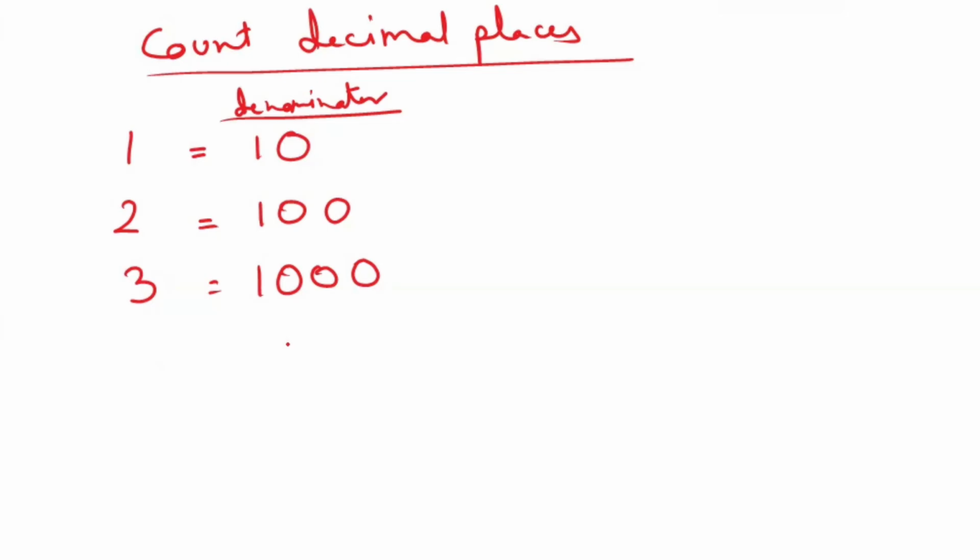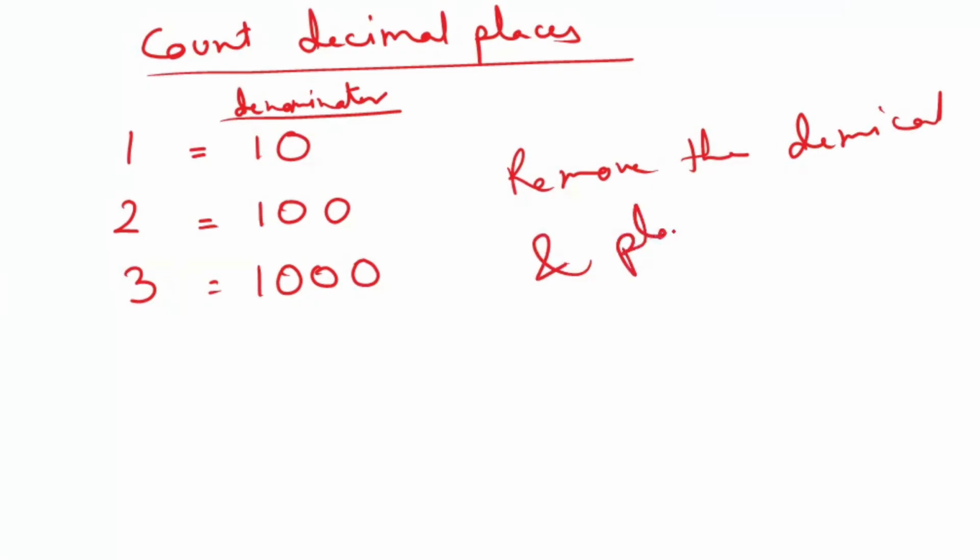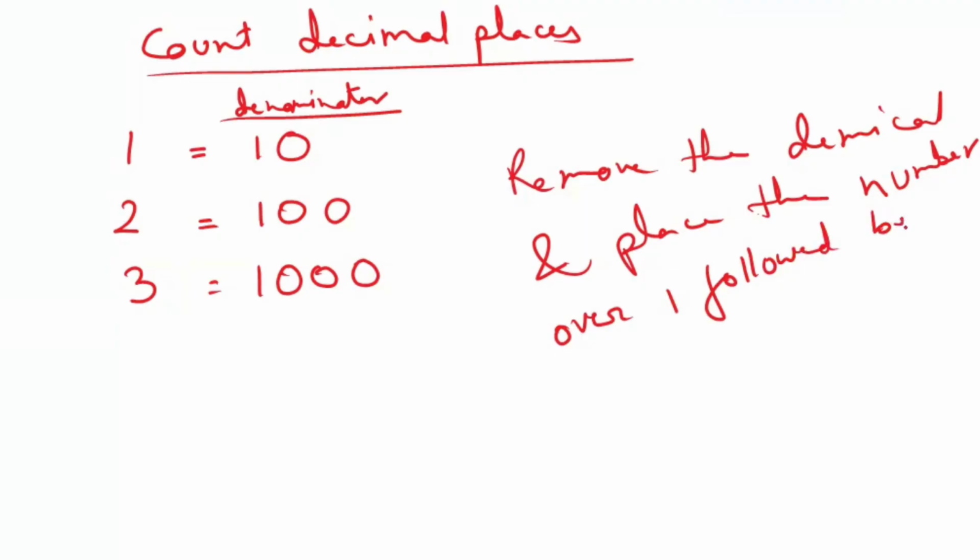After finding the denominator, you have to remove the decimal and place the number over 1 followed by zeros.